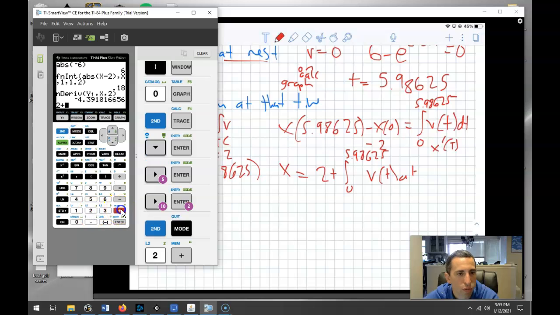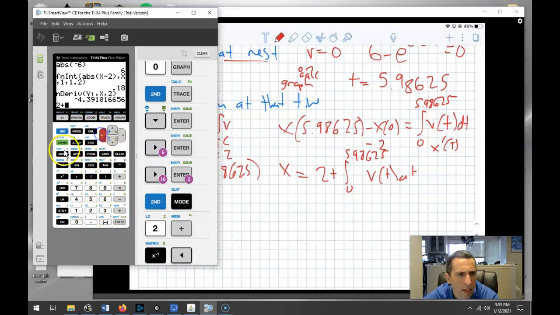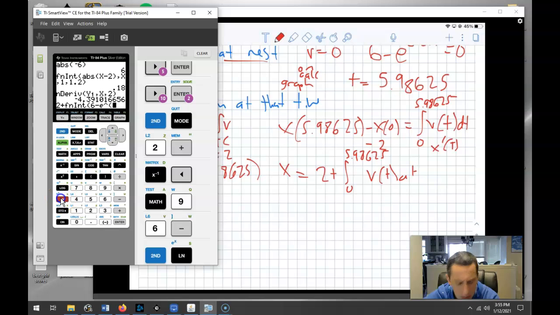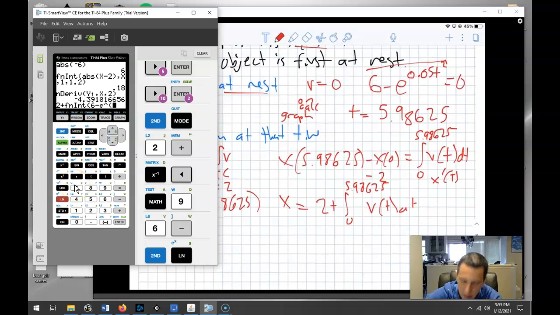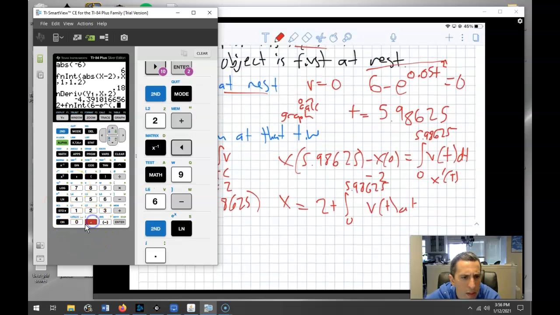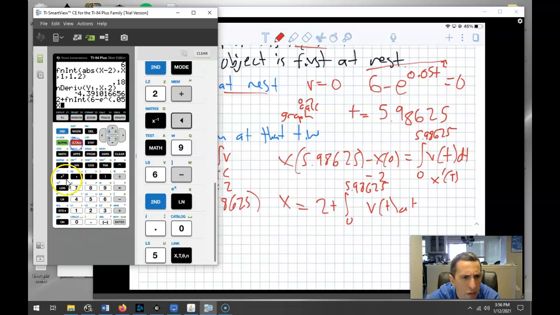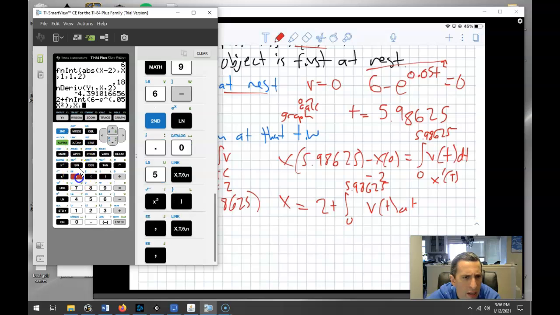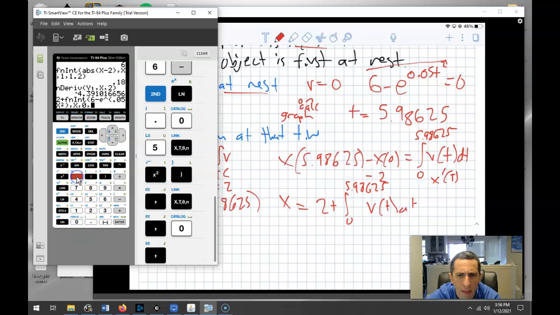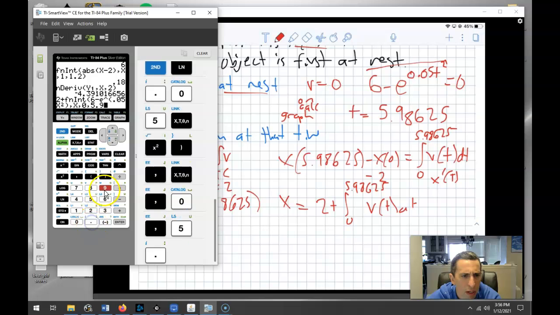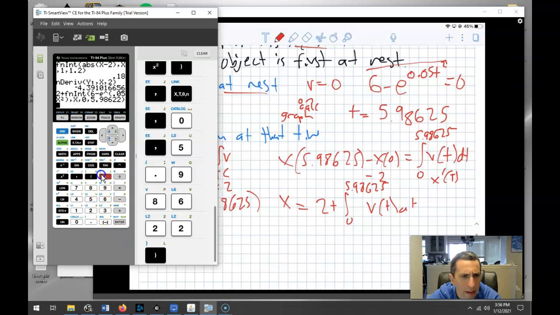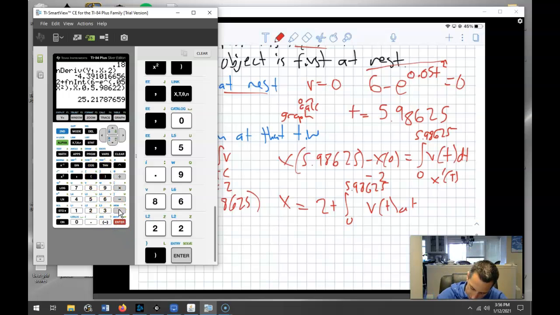So I'm going to do 2 plus the integral of 6 minus e to the power of 0.05x squared, with respect to x, going from 0 to the point when it's at rest, which is 5.98625.